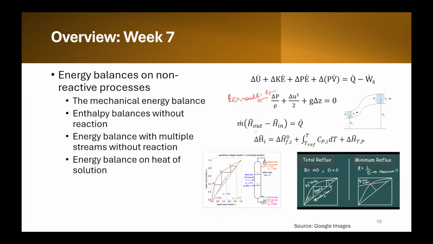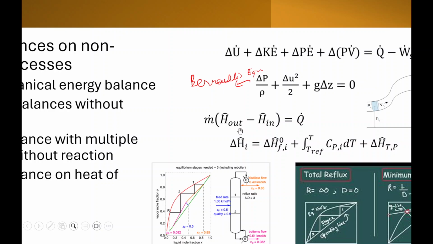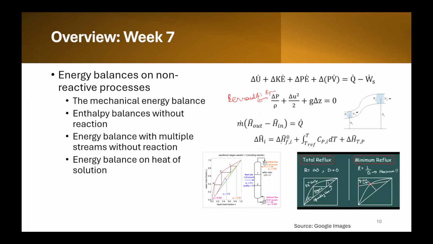The enthalpy balance without reaction can be termed as basically, you can say there is no kinetic energy, no potential energy, so the mass flow rate times the enthalpy out minus enthalpy in will give you the heat rate. Also, the enthalpy balance for a system without reaction can be expressed through this formula.